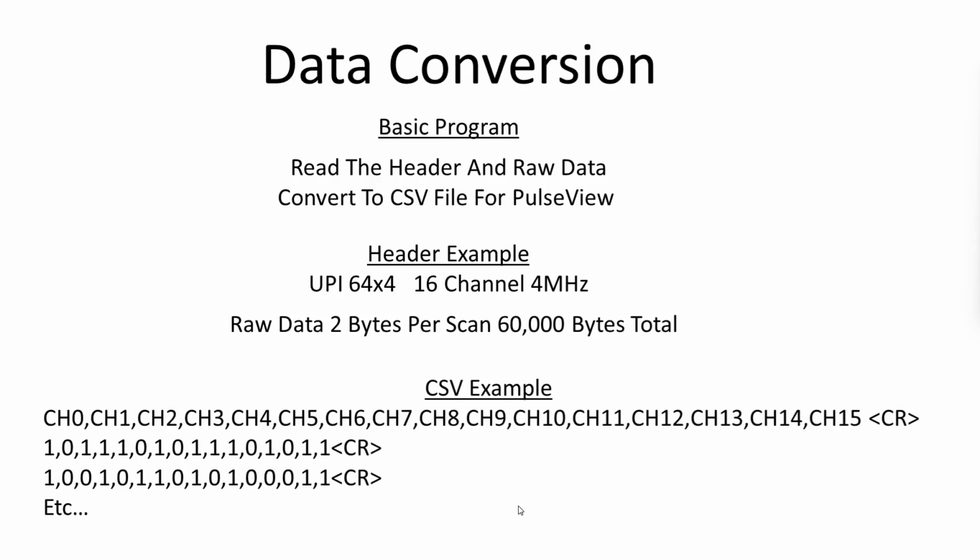And in PulseView, we have to go to the import function and import this file, and that'll be all your code. The serial port is running at 115 kilobaud, so that's 10,000 bytes a second.